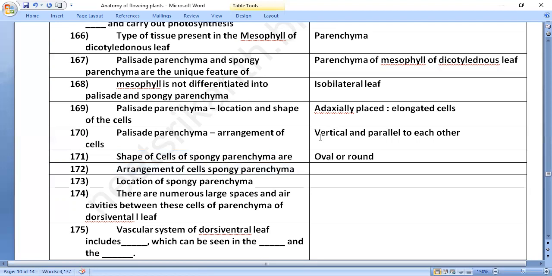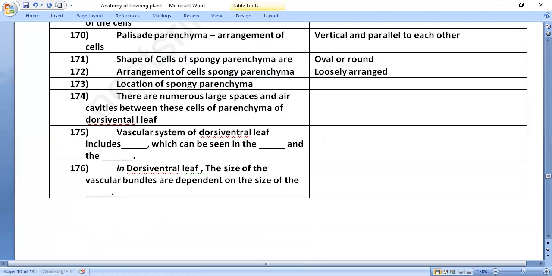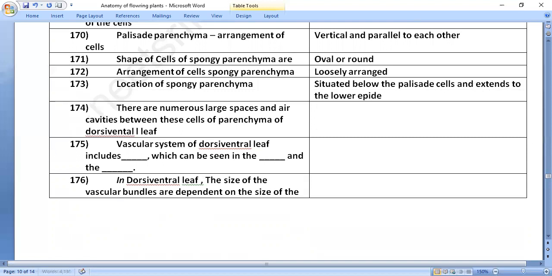Spongy parenchyma is situated below the palisade cells and extends to the lower epidermis. There are numerous large spaces and air cavities between these cells of parenchyma of dorsiventral leaf.